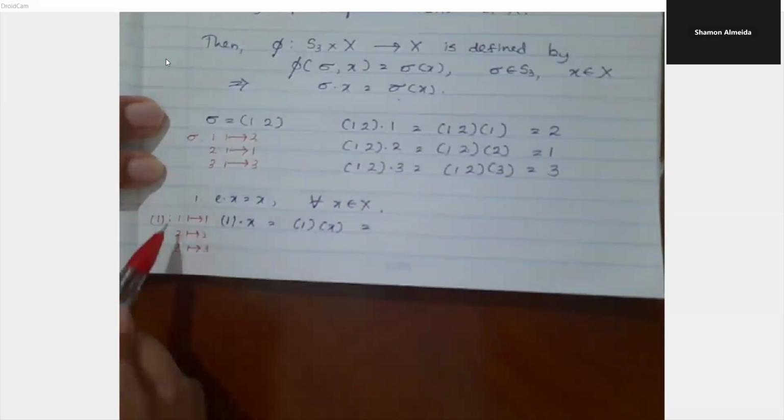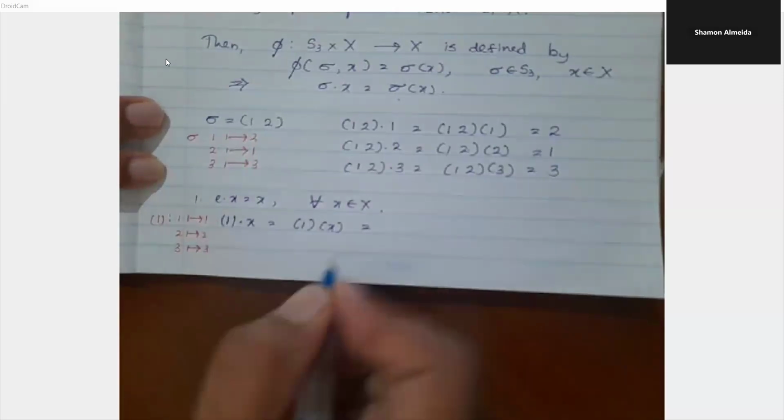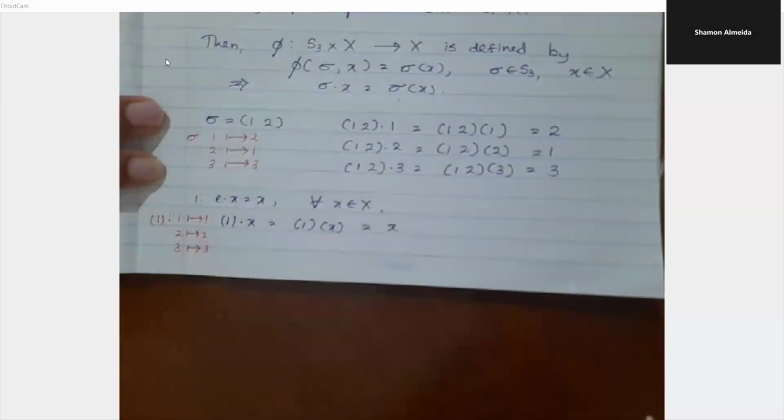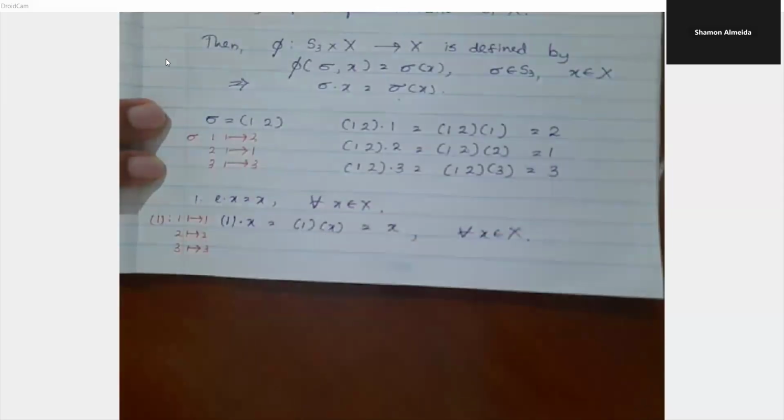So no matter which element you pick, it will be mapped to itself. So the function value of this is simply x, for any x that you take from the given set. Therefore, the first condition is satisfied.